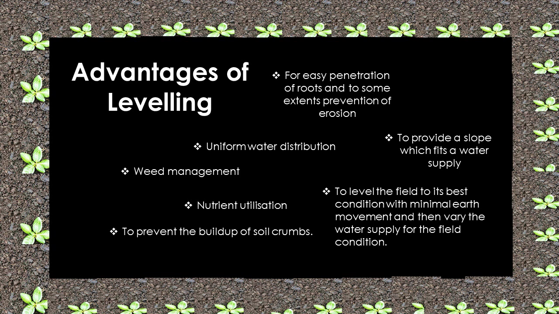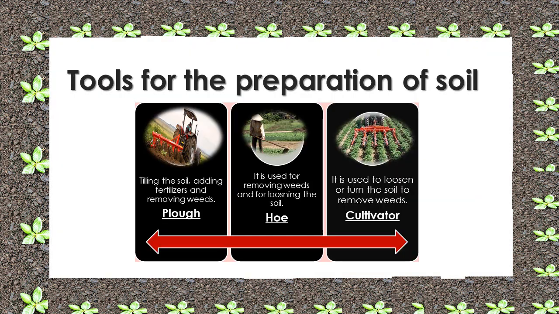It helps in leveling the field to its best condition with minimal earth movement, and then varies the water supply for the field condition. It provides a slope which feeds the water supply. Some tools for the preparation of soil in large fields or gardens: plough, hoe, and cultivators are used.